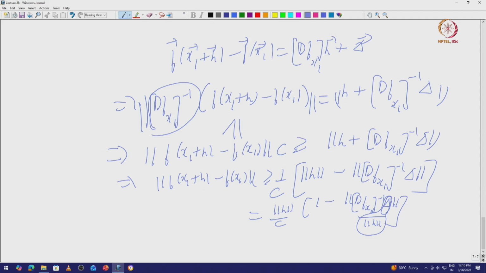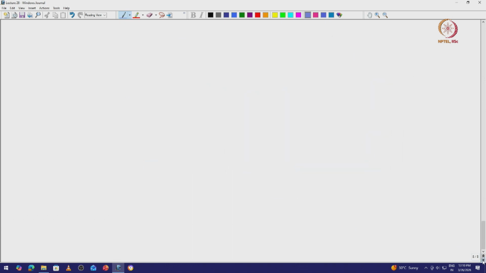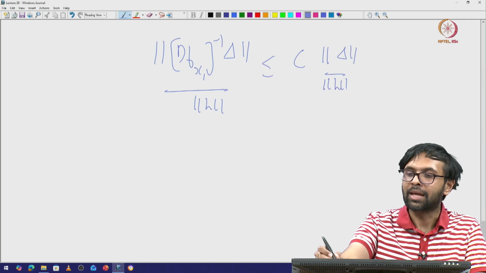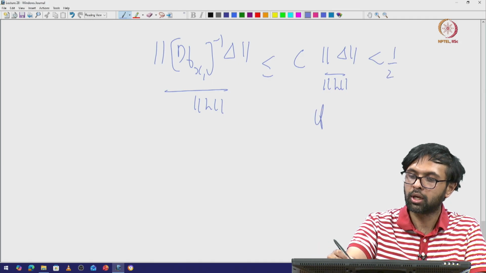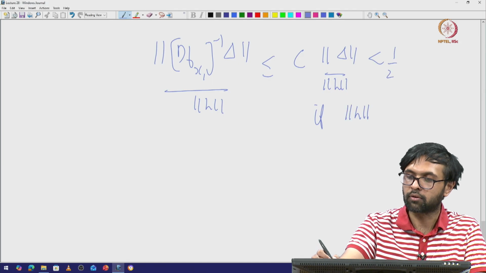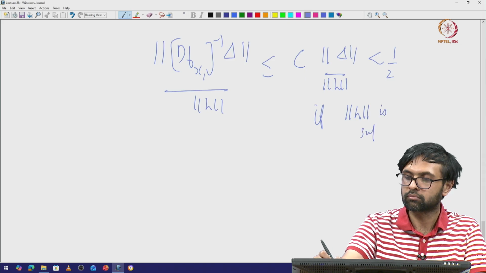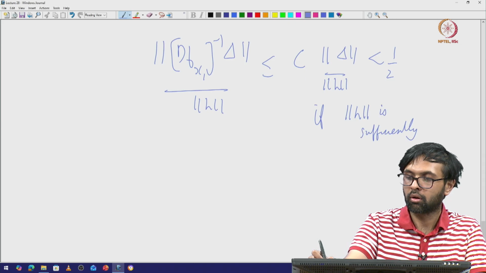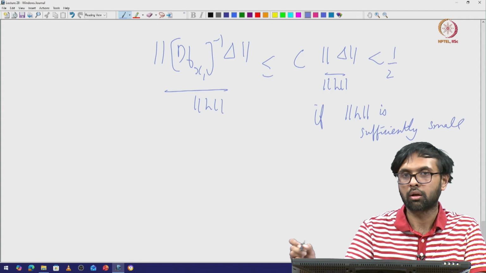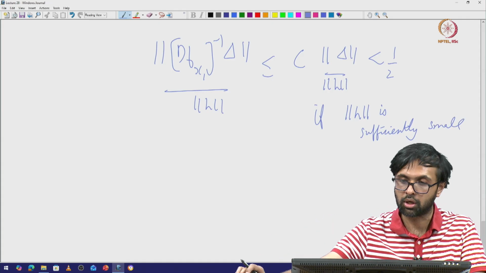So, as a consequence, what we can say is norm of df x1 inverse times delta divided by norm h is less than c. This is less than half if h is sufficiently small. Because delta divided by norm h goes to 0 as h goes to 0.